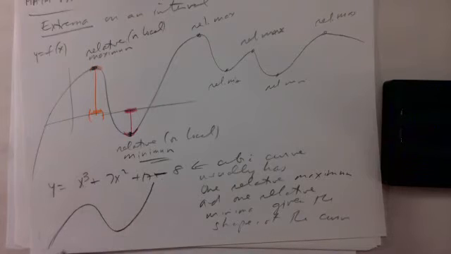Now we have to find out where these points are, but we know it's going to go up, turn around, come down, turn around again, and go up forever. So having some idea of these relative maxima and minima is really important.